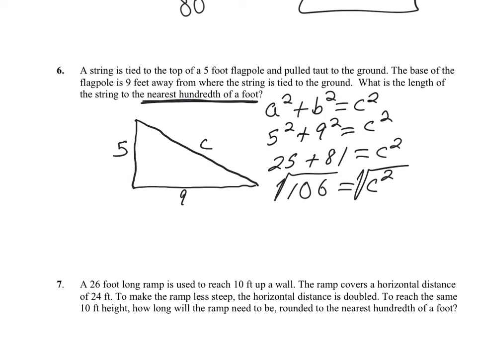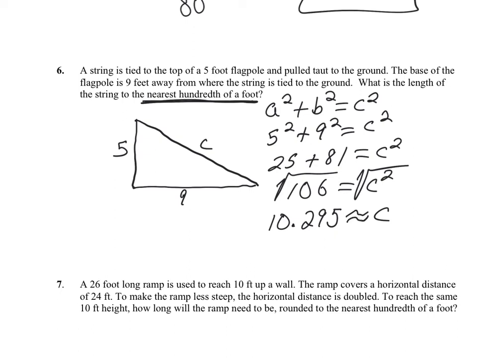So we take the square root of both sides, and if I go second function x squared, type in 106 equals, that was 10.295. Now the 5 causes the 9 to go up, so I'm going to write 3 decimal places. We want to round to 2. I made a mistake here, and that is the approximately equal to, because it's not exact anymore once I take the square root.